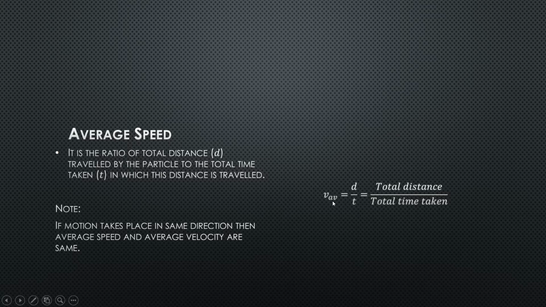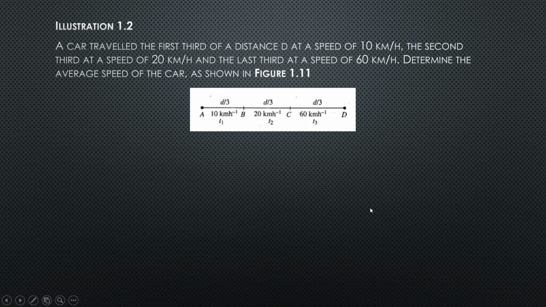Total distance all over total time taken, that is the average speed, while the average velocity is total displacement all over total time taken. Okay, now let us proceed with illustration number 1.2.